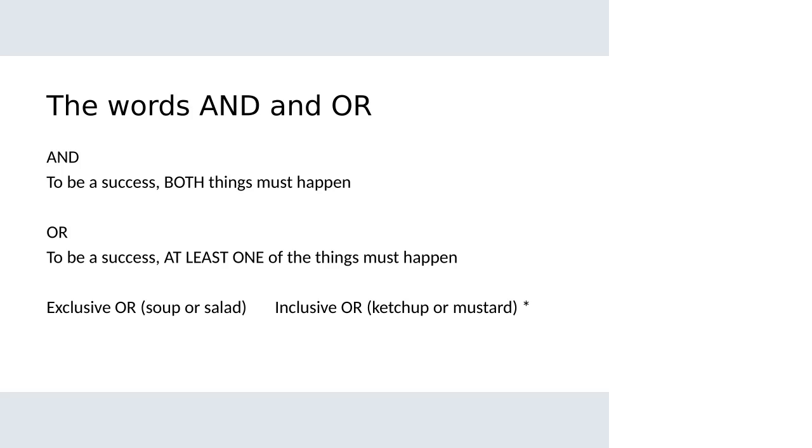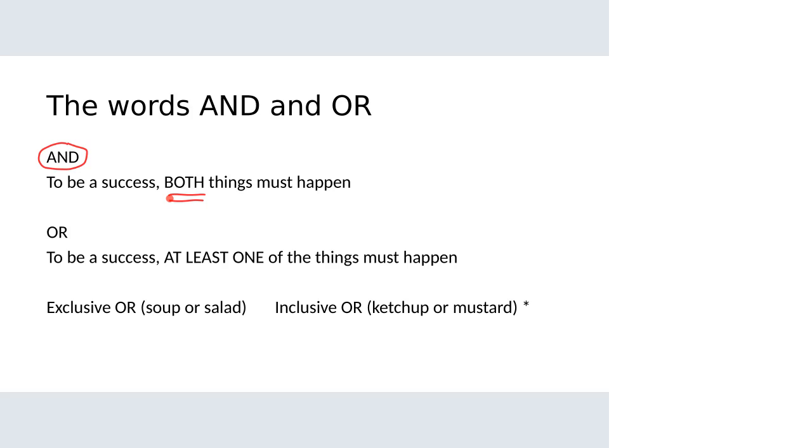First, the word and. If we see and in a question, in order for something to be a success, both things must happen. And you're going to see examples of this very soon, I promise. So if it says and, if we're going to count it as a success, both things have to happen.